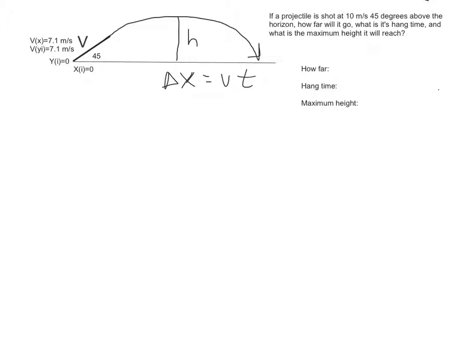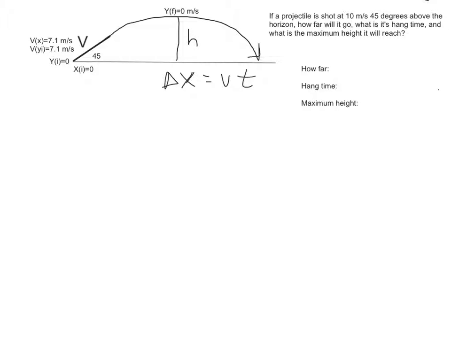So the time that it takes to go up, well, it starts at 7.1 meters per second in the y direction. And the y direction always determines our time for a projectile. So the time that it takes to go up, if it starts at 7.1 meters per second, will be however long it takes to go from 7.1 meters per second to 0 meters per second. Because it's going to stop going up when vf at that instantaneous point is 0.